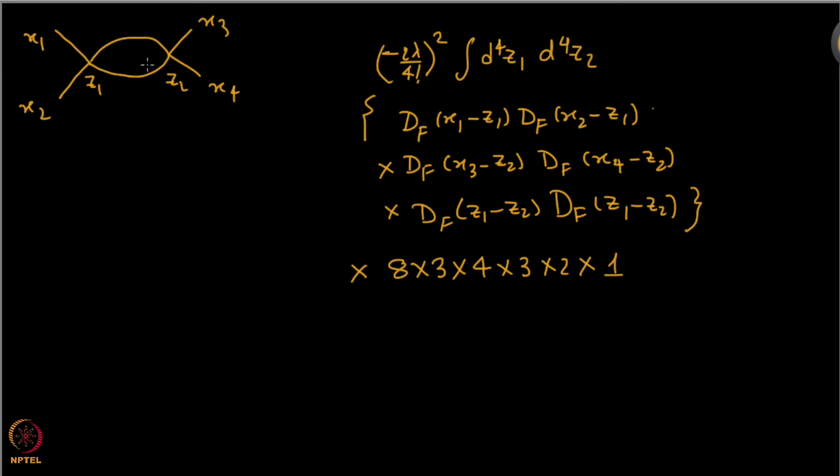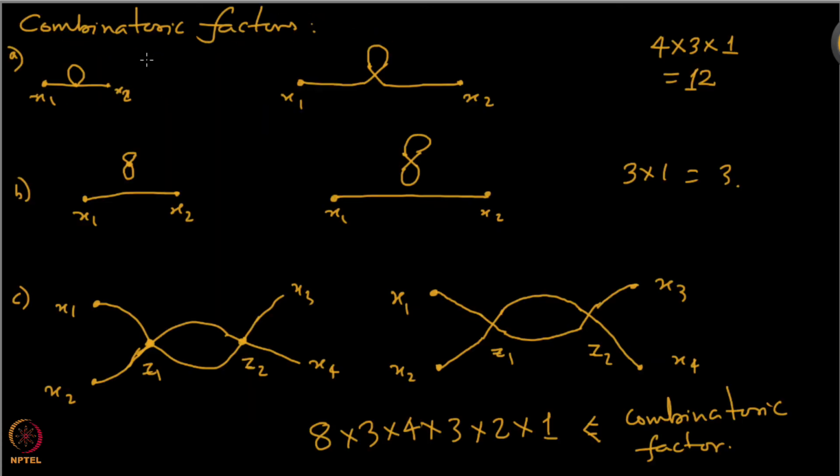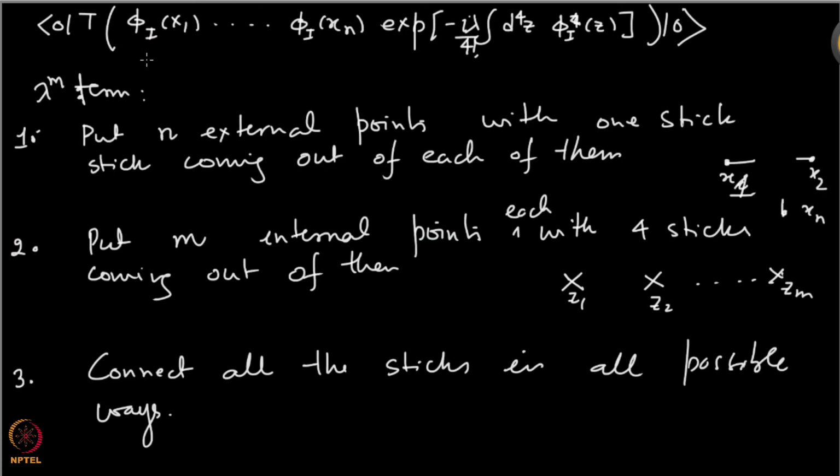So when you look at the prefactor, because you are expanding the exponential to order lambda squared, it comes with a 1 over 2 factorial, right? I am talking about this factorial.